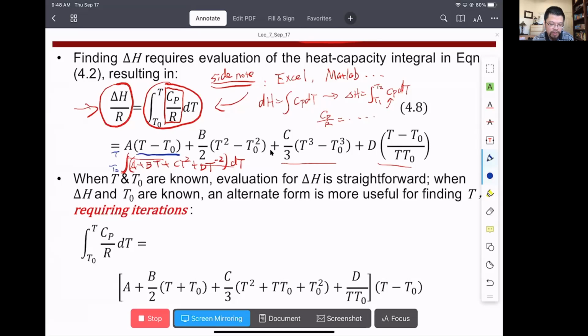For the constant, we are going to have this term. For the BT, for the integration, we are going to have the square term. For the CT squared, we are going to have the cubic term.